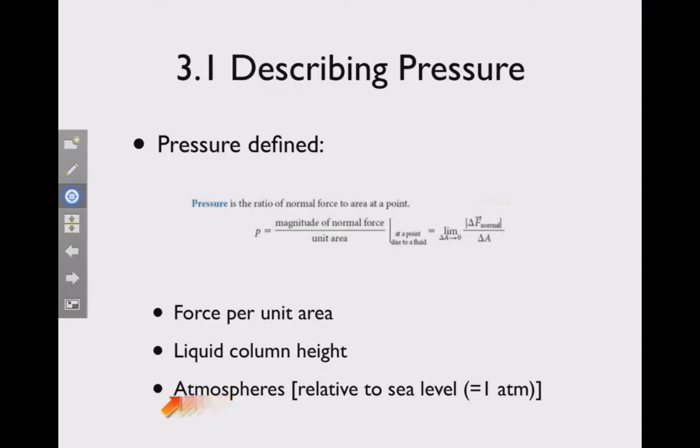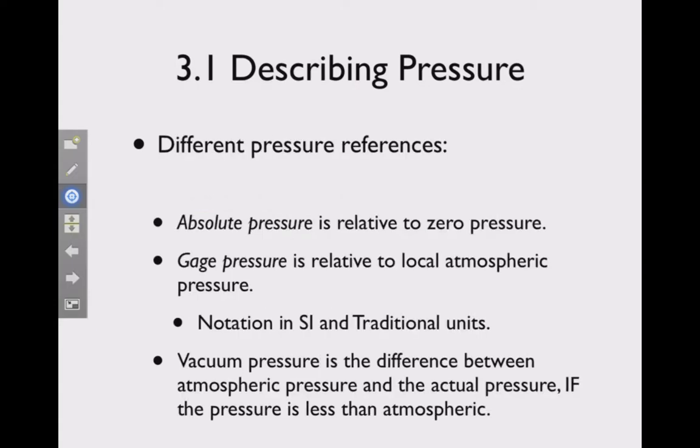The other thing to note is that a lot of times we like to talk about atmospheric pressure and things being relative to atmospheric pressure, and we'll return to this in a minute. But we always need to remember that if we have a free surface, that is a surface of fluid that is open to the atmosphere, then we will have atmospheric pressure basically pressing down on the top of that fluid.